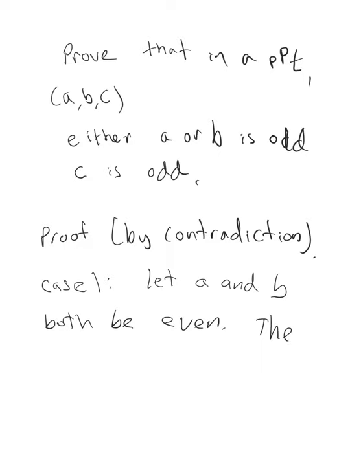Well, if A and B are both even, then A squared and B squared are even, because an even number times an even number is even, and an even number plus an even number is even. So what's going to happen is that then C is also even.